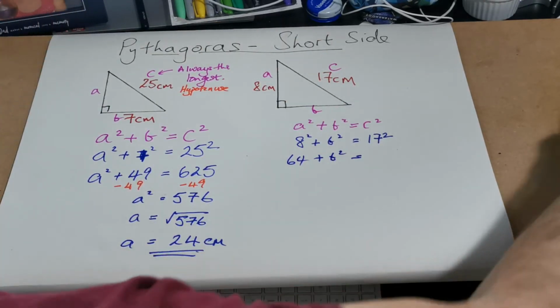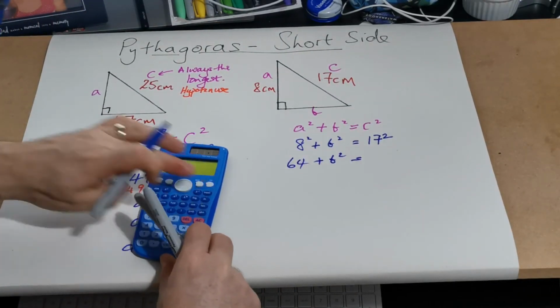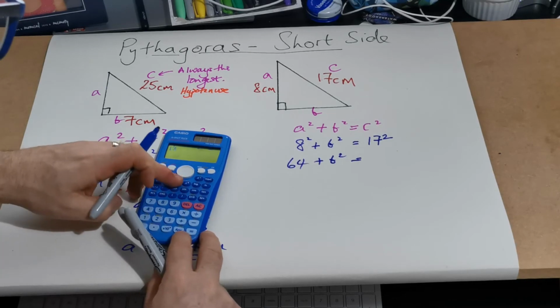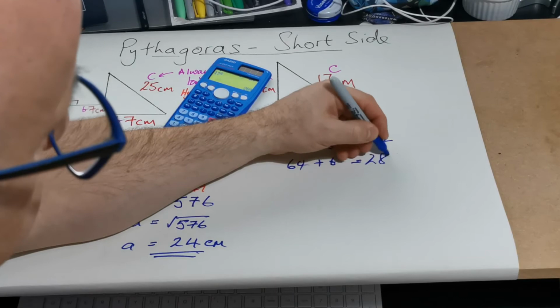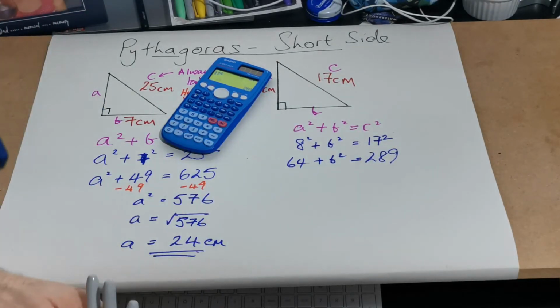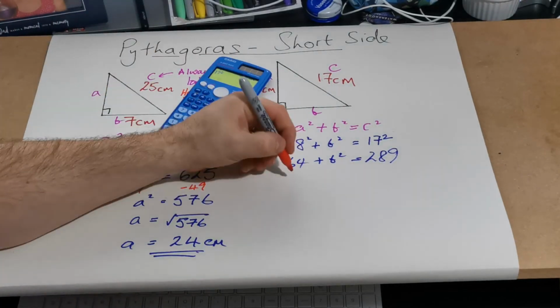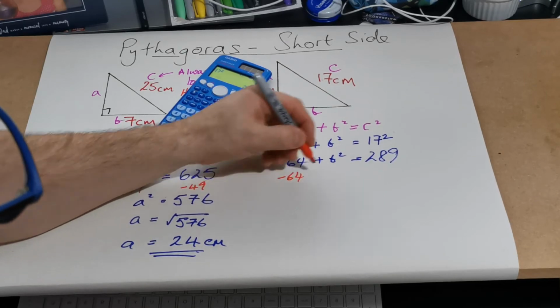Now I think 17 squared is 289, but I'll just check. 17 squared does indeed equal 289. So at this point I'll take 64 from both sides.